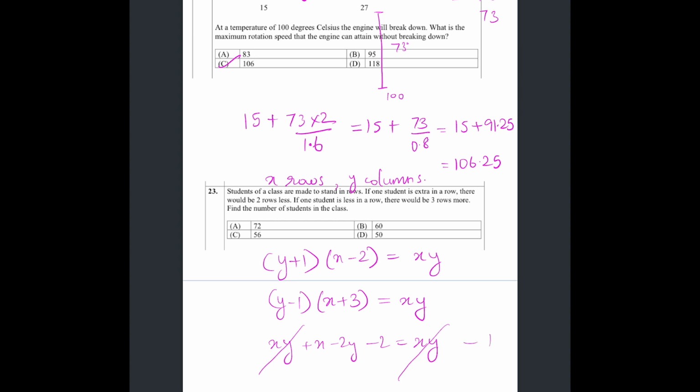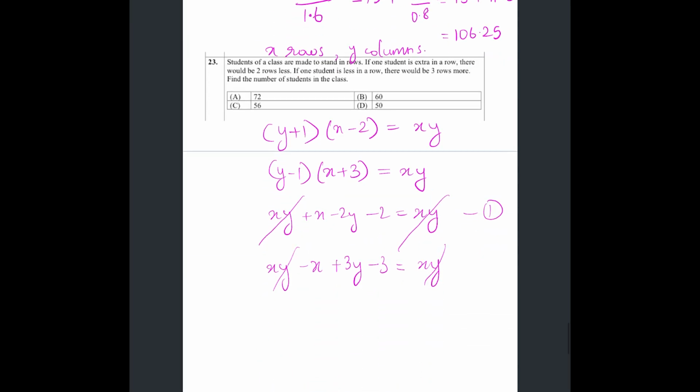XY gets cancelled, so this is equation 1. And XY minus X plus 3Y minus 3 equals XY. Again we can cancel the XYs, right? So this is our second equation.